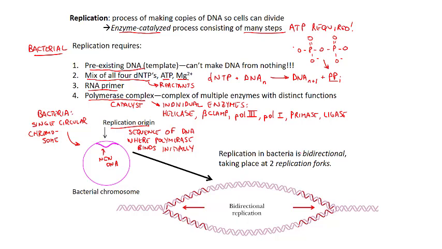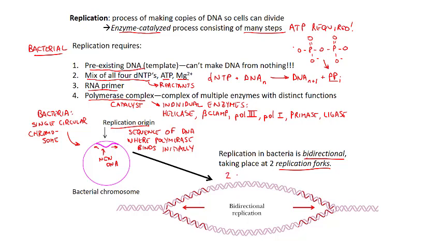For this to work, it has to happen in a bidirectional fashion. That means we have to be synthesizing DNA in both directions at once. And this spot where the new DNA grows and splits off from the original DNA is called a replication fork. In a bacterial chromosome, you have two replication forks, and replication occurs at the forks.